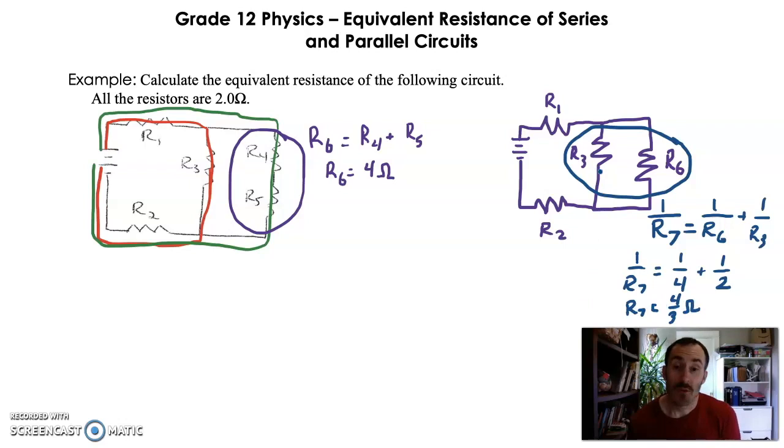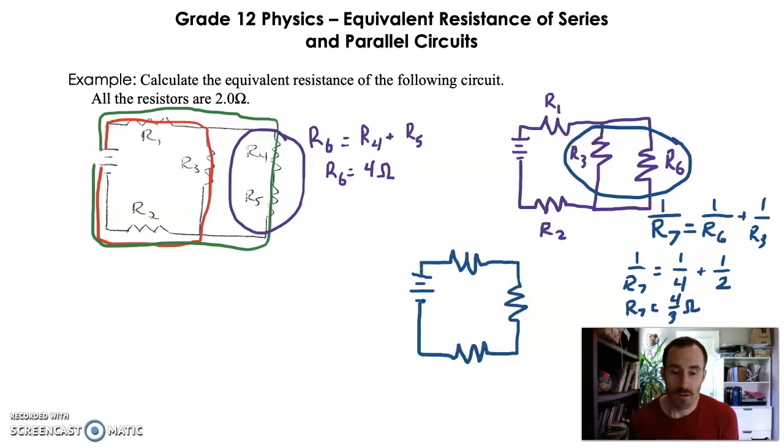Okay, so now I'm going to redraw my circuit again, reflecting the fact that R6 and R3 have been combined into one equivalent resistor. So here we go. There's our new circuit. And notice now that this is a very simple circuit, that all three of these resistors are just combined in series.